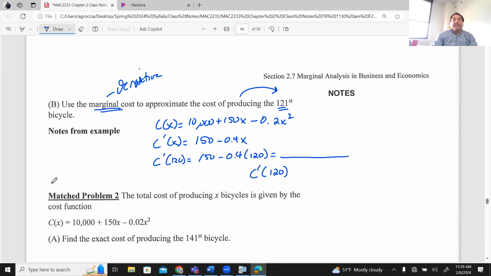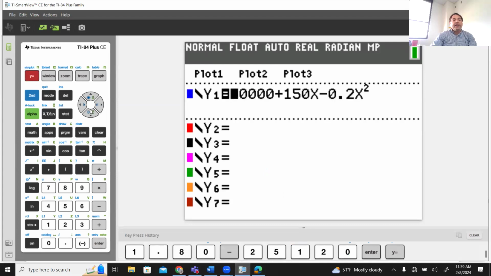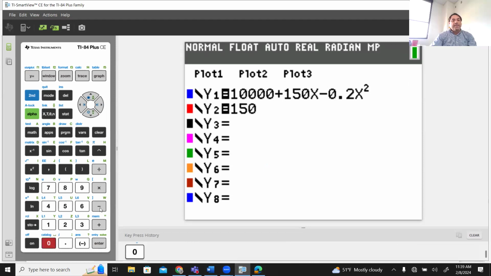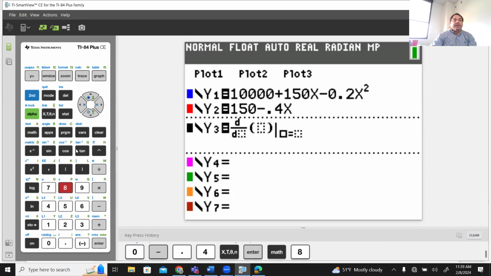So if I want to use the calculator, I'm going to go to y equals, and in y2, I'm going to put the derivative. The derivative is 150 minus 0.4x. And I can check the derivative by going to y3 and doing math, 8, depending on your calculator.